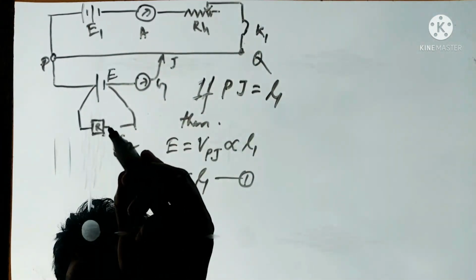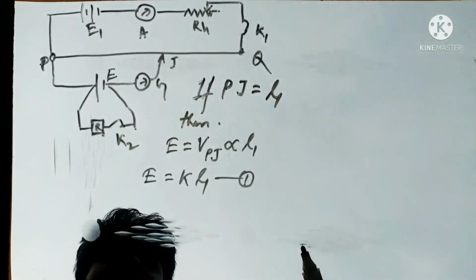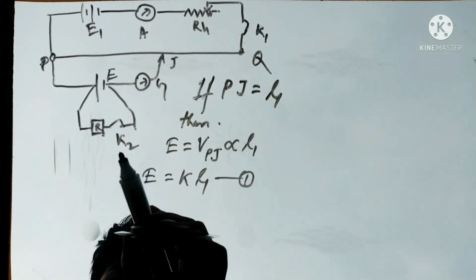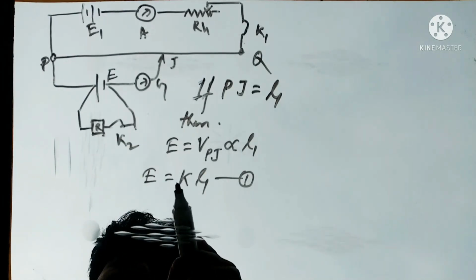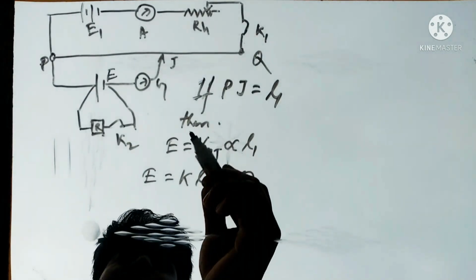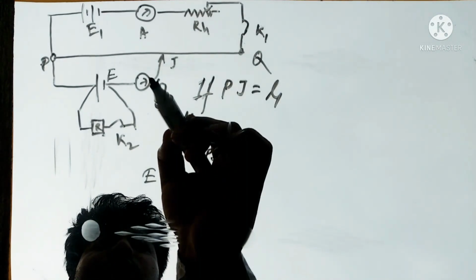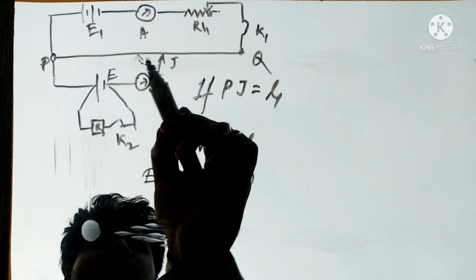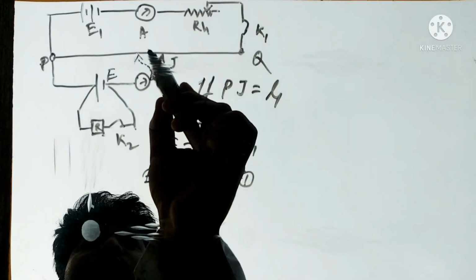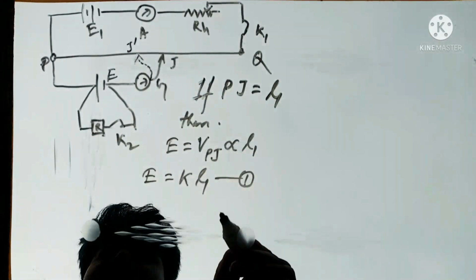Now connecting K2 key also. In this case, we have connected the resistance R in the circuit. In this case, our balance point also will change. Let us take it is at J prime.